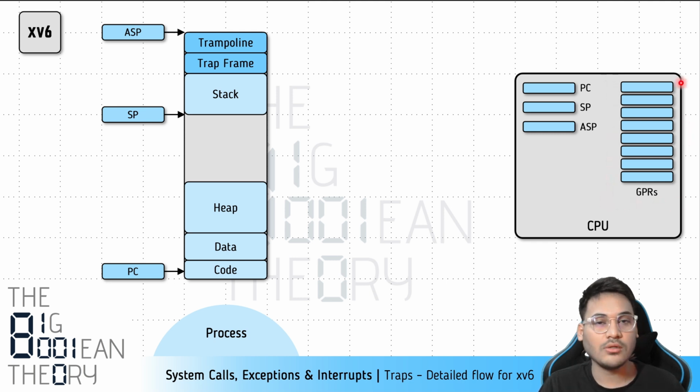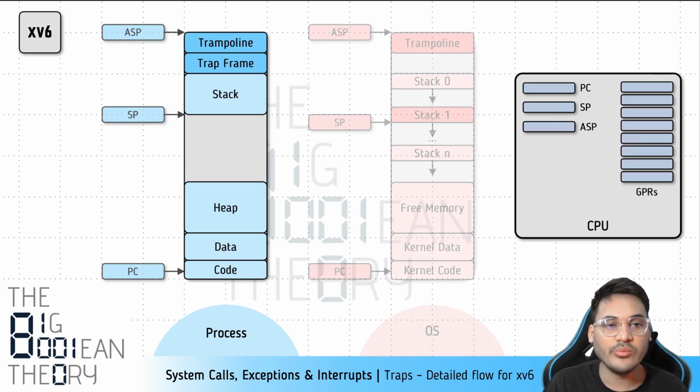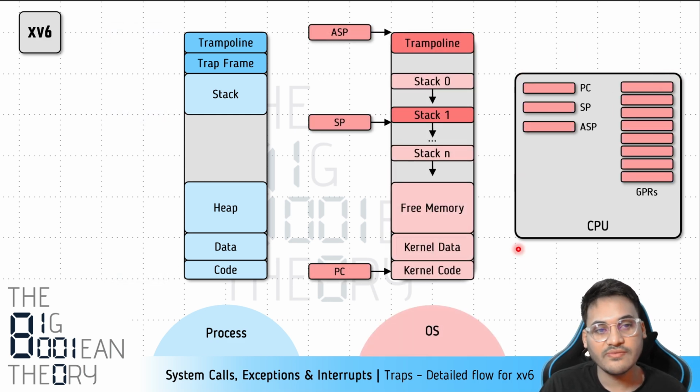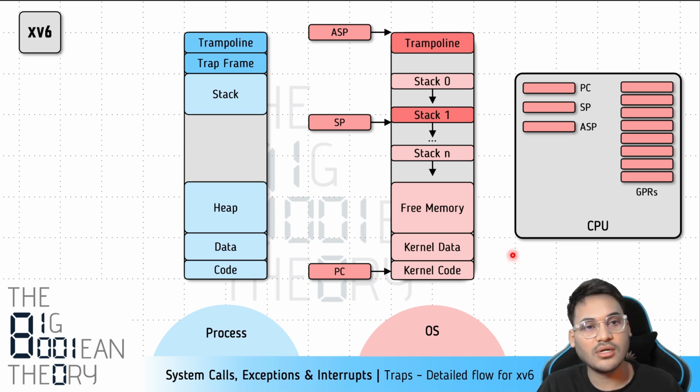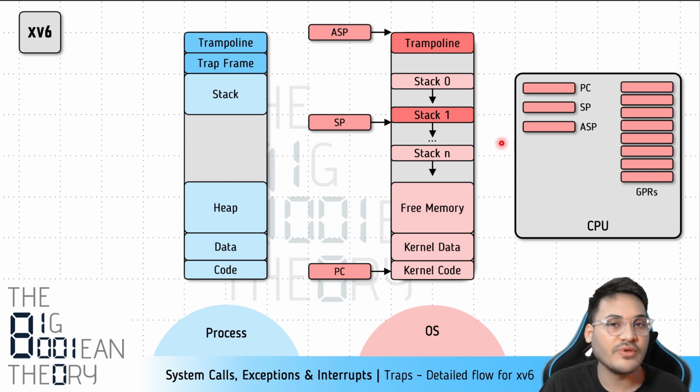We took a snapshot of all these values and saved them in some place. That is how we halt the execution, and then we immediately replaced all of these values with those related to the kernel. So now the current state of execution looks like this: we are executing within the kernel, pointing to the kernel address space, and the instruction being executed is part of the kernel code.